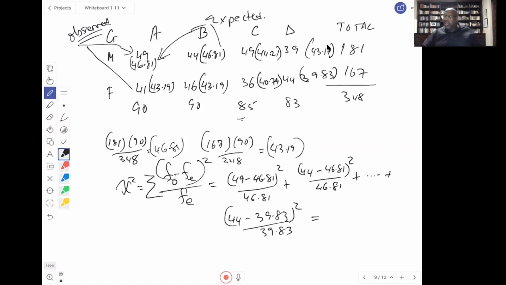It turns out that chi-squared is equal to 2.49.